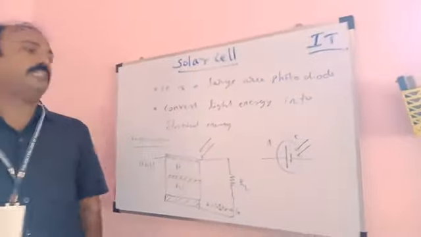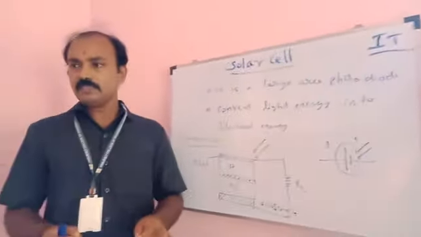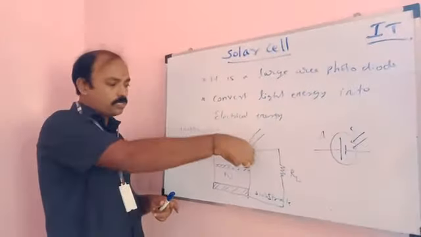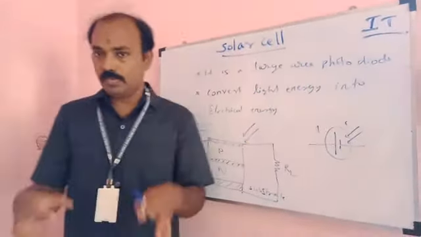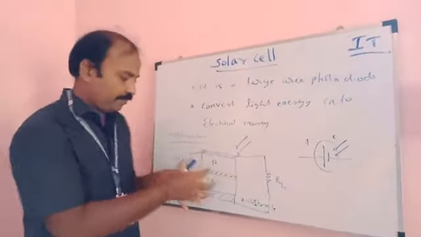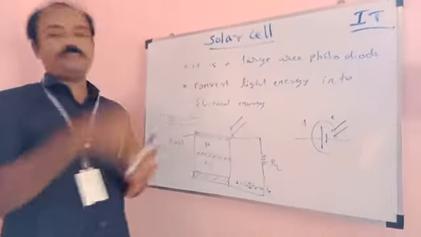So how to explain the working? We will explain this. When light is exposed on this arrangement, the PN semiconductor, and particularly on the surface of the glass.